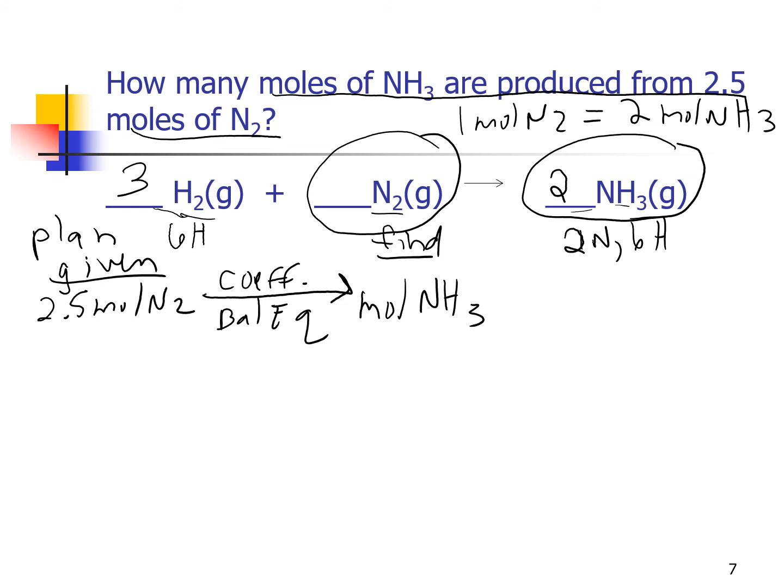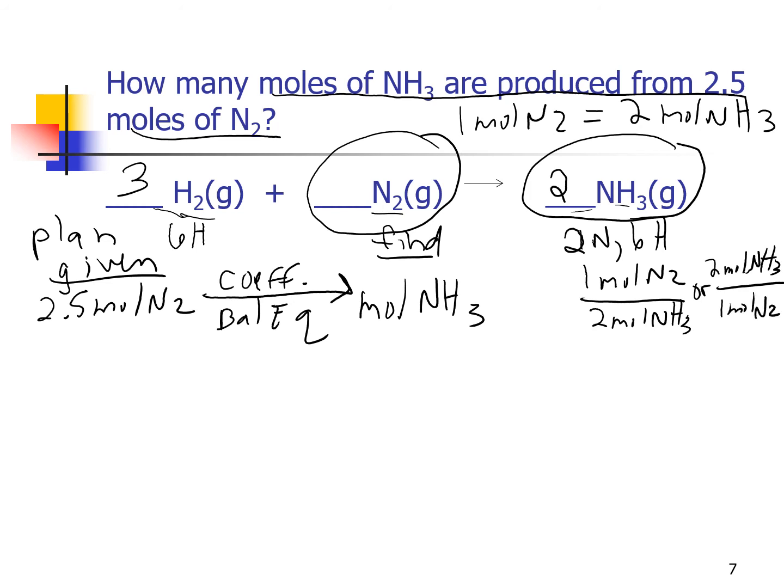That's the ratio between these 2 compounds. And based on that equality, I can create the conversion factors. I can say 1 mole of N2 divided by 2 moles of NH3, or 2 moles NH3 at the top of my fraction divided by 1 mole of N2.